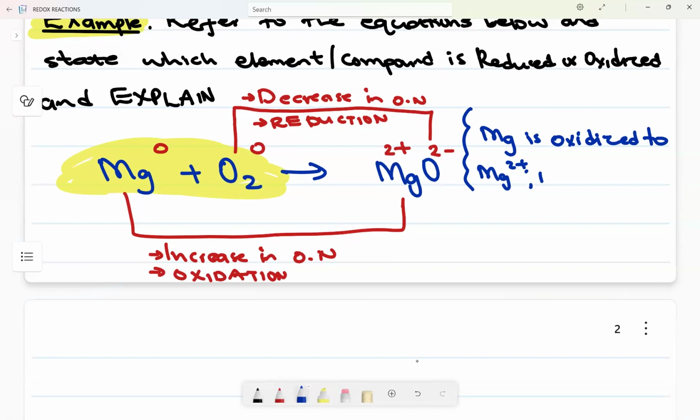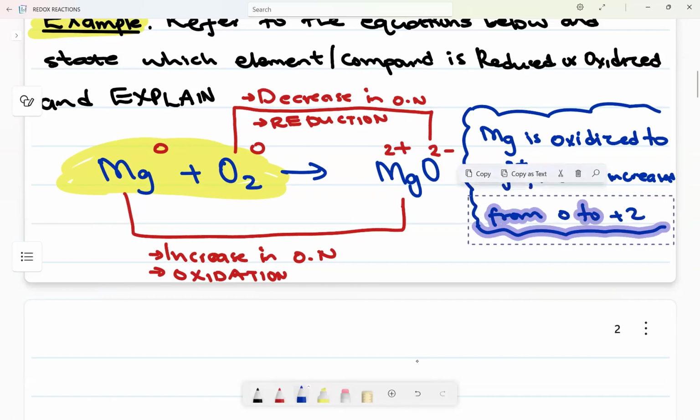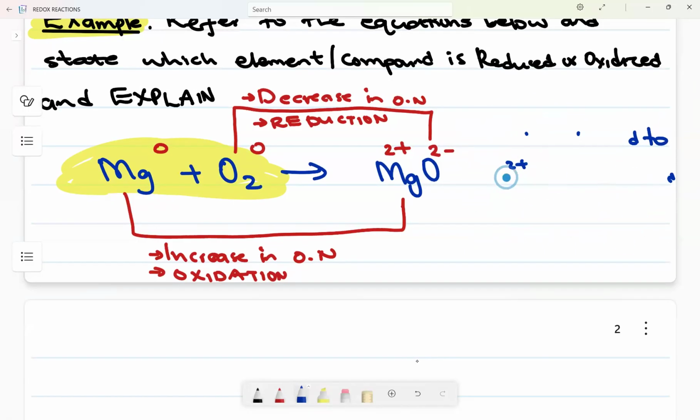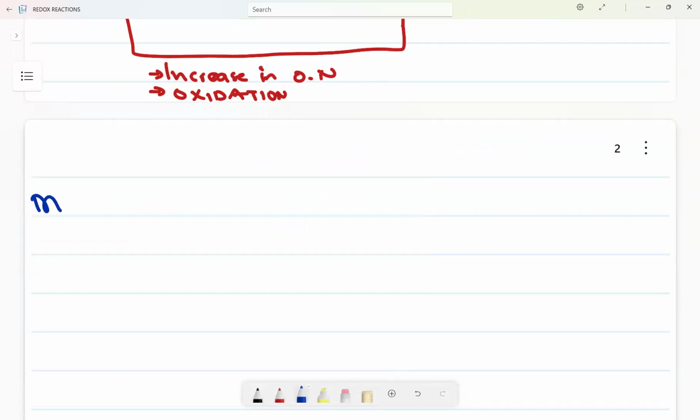Its oxidation number increased from 0 to plus 2. This is how I will explain for magnesium. Actually, let me write it down here so that it's more clear. I'm going to say Mg is oxidized.